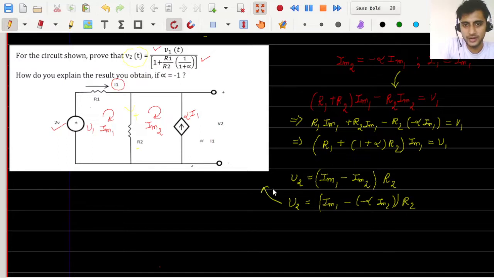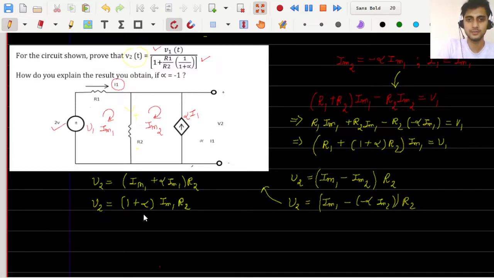And from here you can write that V2 is nothing but Im1 plus alpha times Im1 times R2, because Im2 I wrote as minus alpha and it was a minus sign. So now V2 can be written as 1 plus alpha times Im1 into R2. Fine.